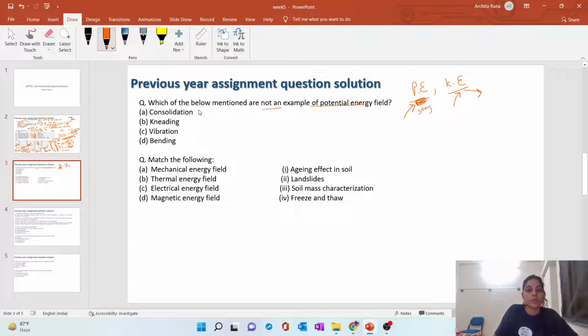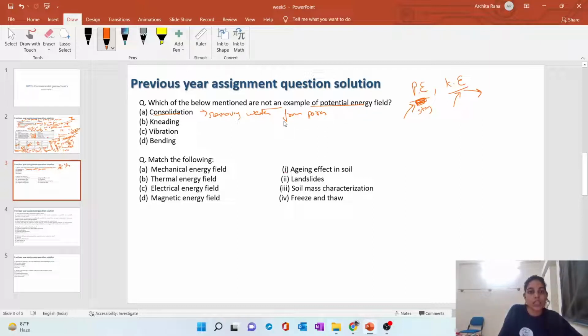So let's say consolidation. What is consolidation, in simple terms? It is removing water from pores, right? If you have a saturated soil, with all pores saturated with water, you consolidate it, you remove water out of the system.